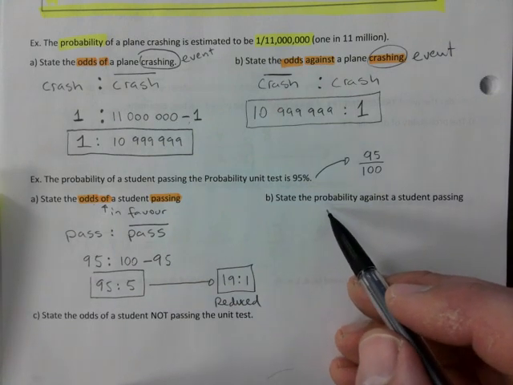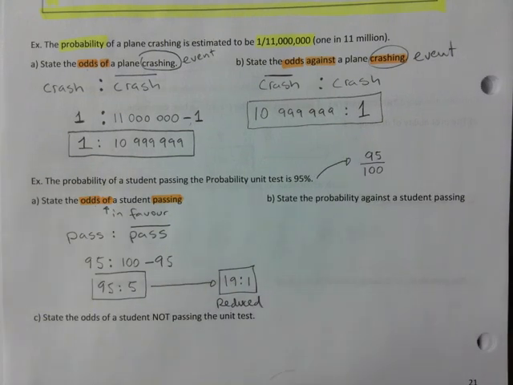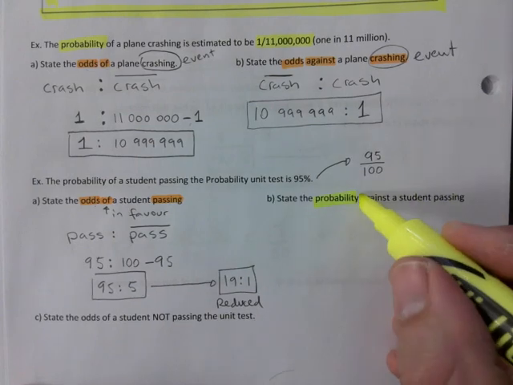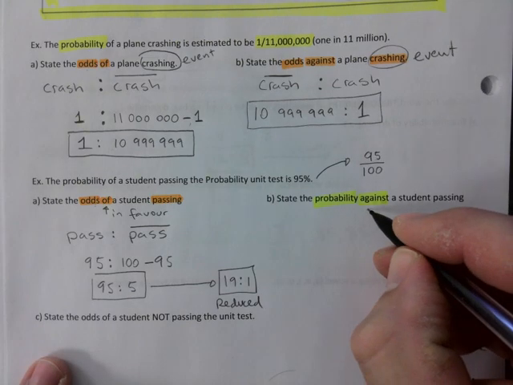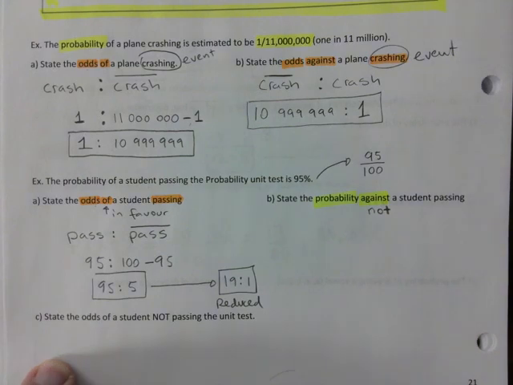State the probability. Careful here. What does it say? State the odds? No. State the probability against a student passing. Another word for against is not passing. Write that down. So I want you to be familiar with that. Remember when I said what's the probability of not drawing an 8 or not drawing a face card? What did we do in that case?